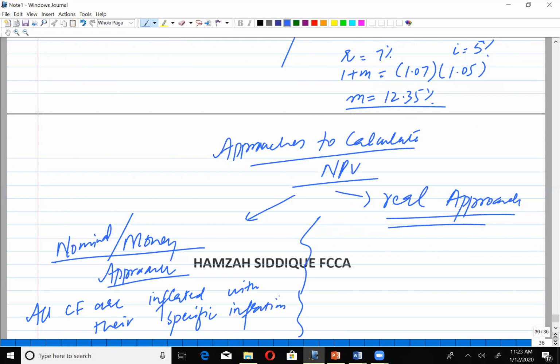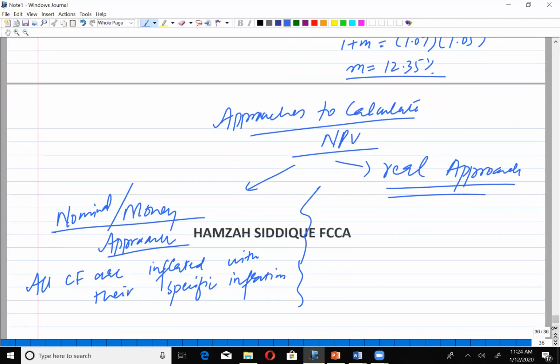If sales is inflated by 4%, for variable cost it is 5%, or whatever it is, they have to be inflated for each year accordingly. And then discount the money cash flows at the rate of money cost of capital to calculate NPV. Money method.